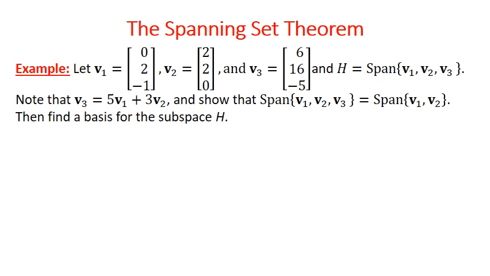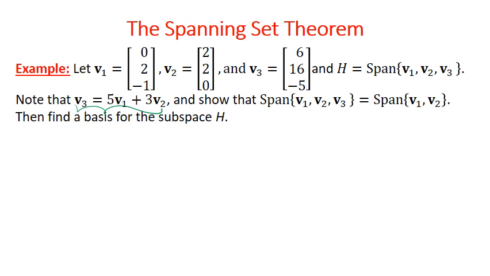Okay, so here's our first example involving the spanning set theorem, and this example involves quite a bit, so hang tight here. We are given these 3 vectors, and H is the span of the set of vectors. It then goes on to say that V3 can be represented as a linear combination of the other 2 vectors.